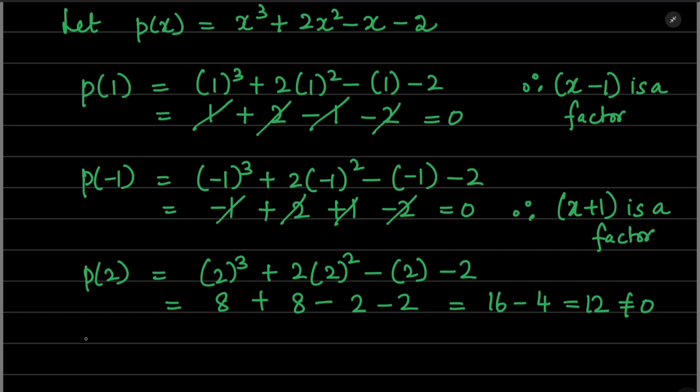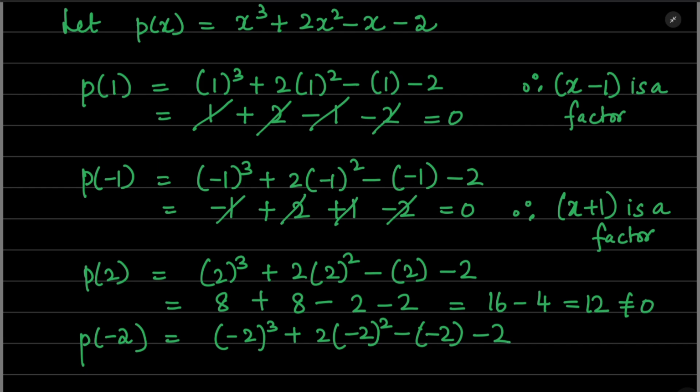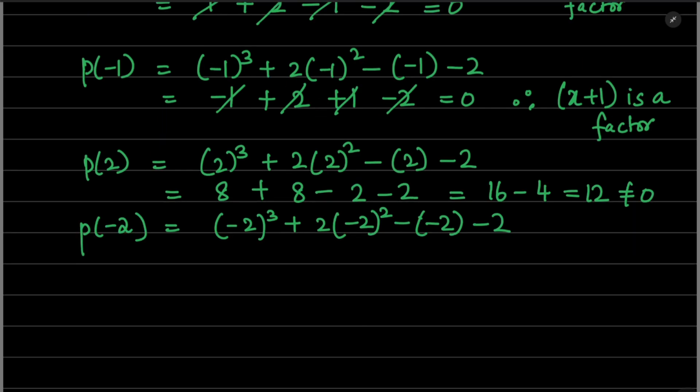Now let us check with p of minus 2, which is minus 2 whole cube plus 2 into minus 2 the whole square minus of minus 2 minus 2. So with minus 2, when you substitute, you'll get minus 8 plus 2 into, again, minus 2 the whole square is 4, plus 2 minus 2.